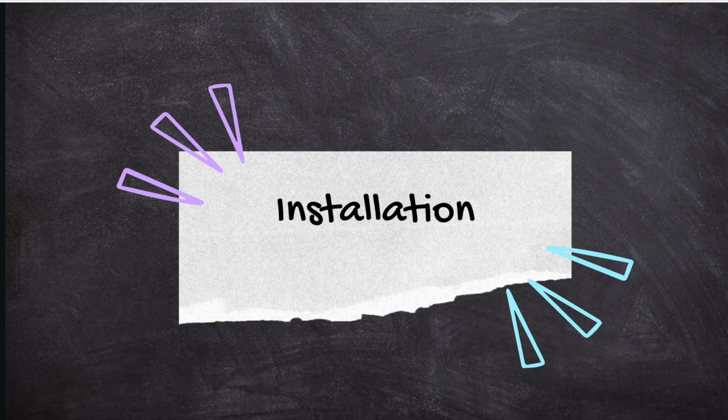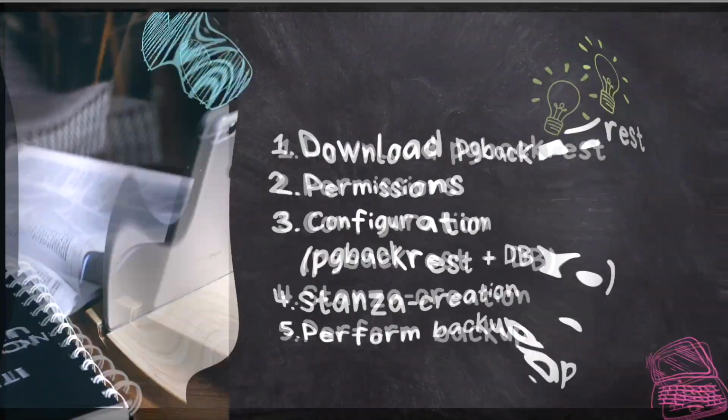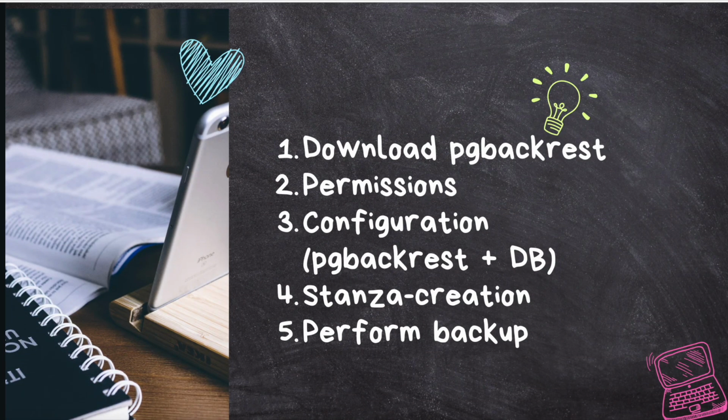Initially I will give you an overview of what is required. First, we have to download the pgBackRest package, followed by providing the permissions. Then you have to make some configuration changes on the pgBackRest side as well as the database side. Once these three steps are completed, you have to create a stanza.